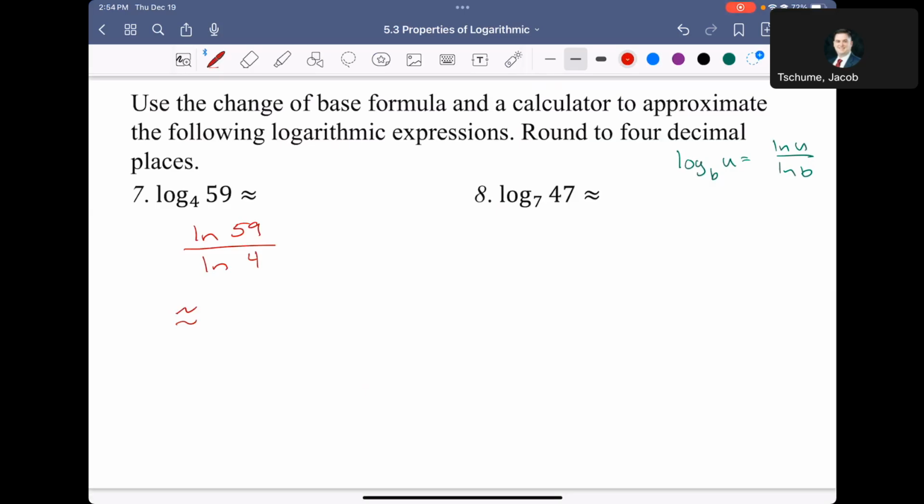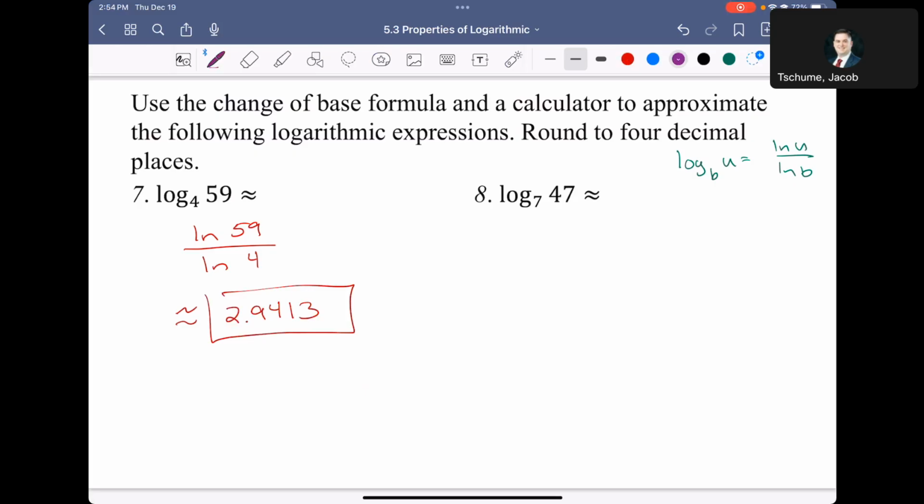If you want to pause the video and try yourself, you can. But I'm going to do the natural log of 59 divided by the natural log of 4. And if I have to round this to 4 decimal places, this would be 2.9413. And that is the approximate answer to number 7.